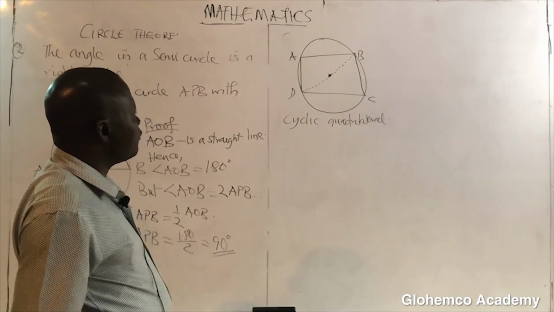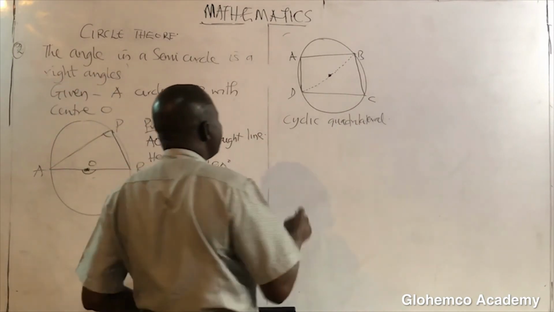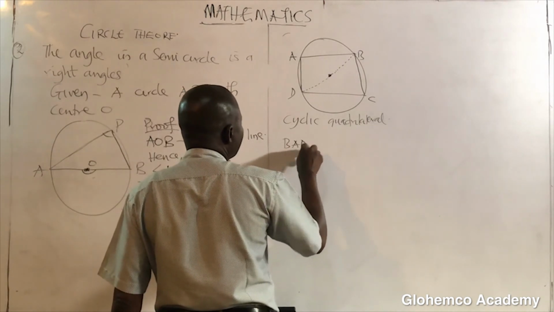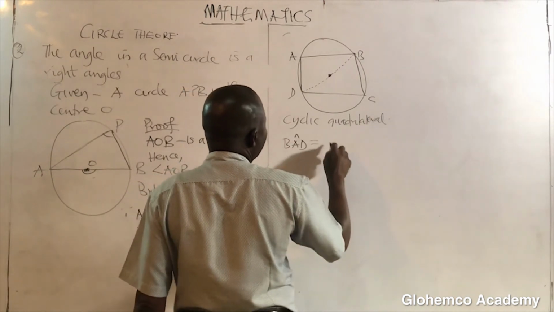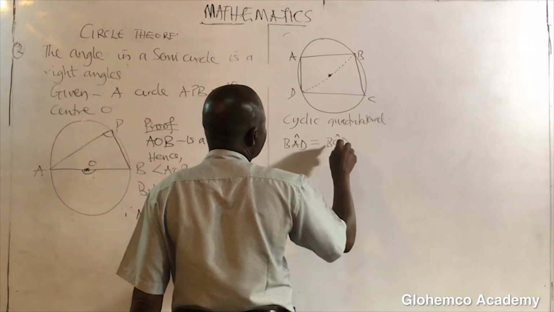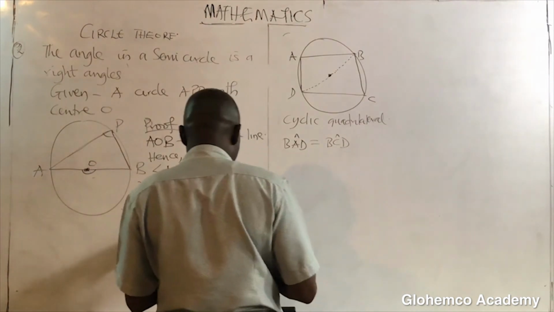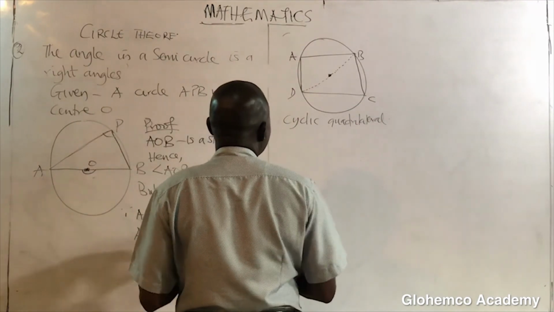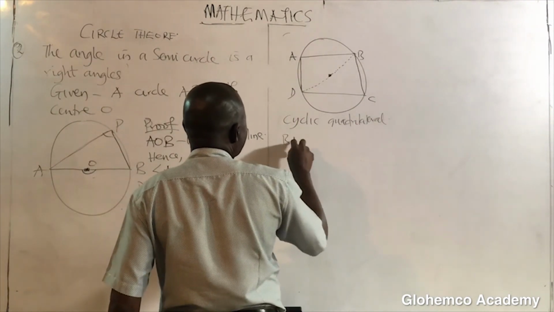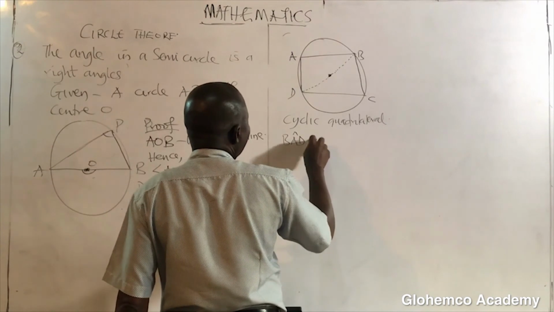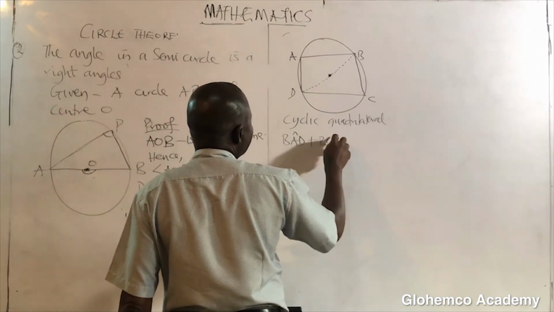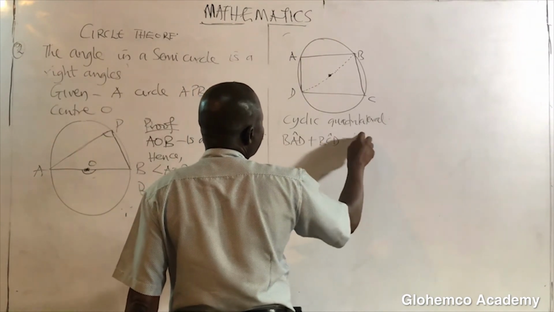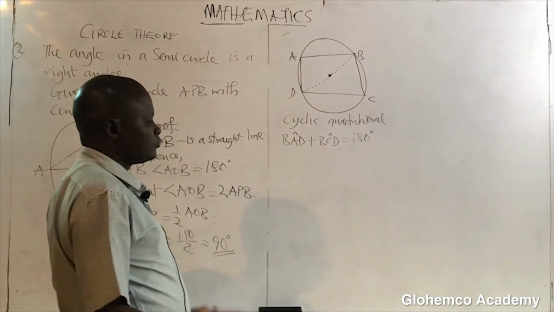When we say cyclic quadrilateral, we are saying that angle BAD plus angle BCD must be equal to 180.